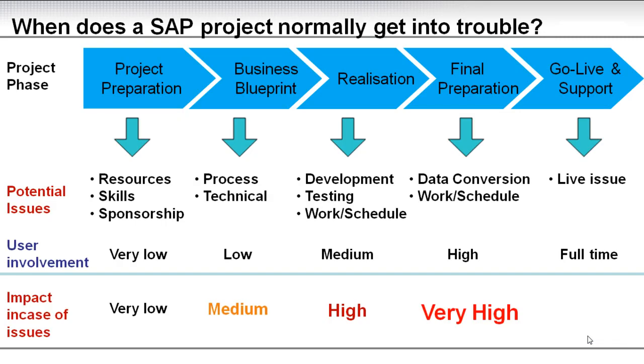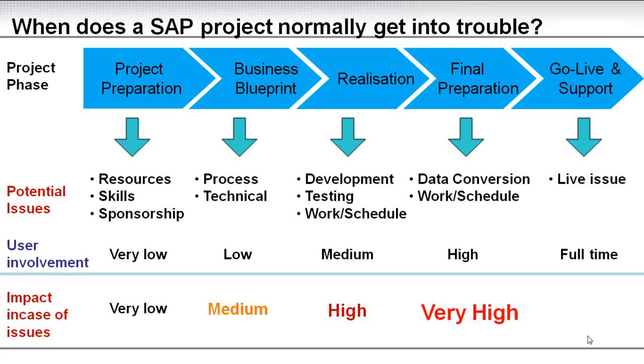So to round things up, let's have a look at when SAP projects normally get into trouble. On the top, we have the project phases: project preparation, business blueprint, realization, final preparation, go-live support. The issues that could arise during those phases, we list in the second line. In the beginning, it is resources, skills, getting commitment and sponsorship.